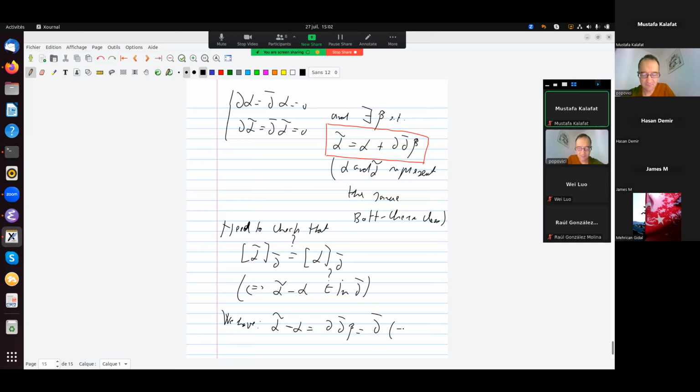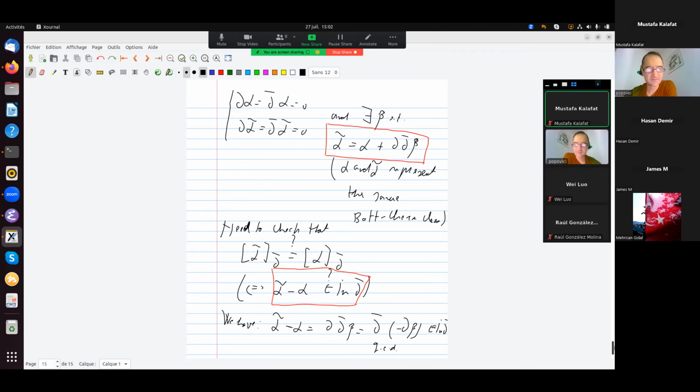So it's d bar of minus del beta. So this belongs indeed to the image of d bar. Right? It's d bar of something. And this is what we wanted, right? We wanted exactly this. The difference is d bar exact. Right, so QED.